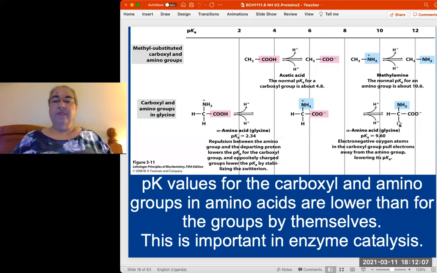So this shift of value, this change of properties of the chemical group when it's part of an amino acid, is very important in allowing protein catalysts to carry out so many of the important reactions in cells.